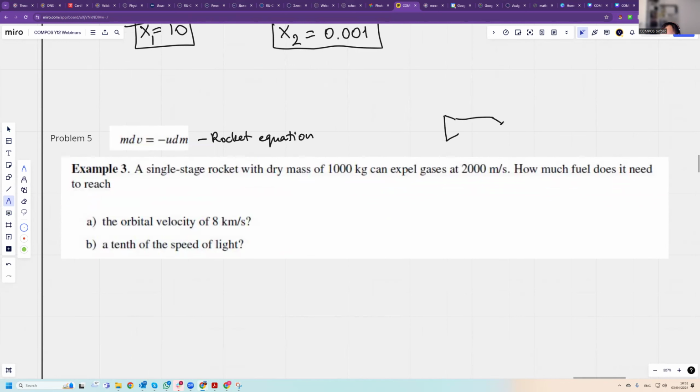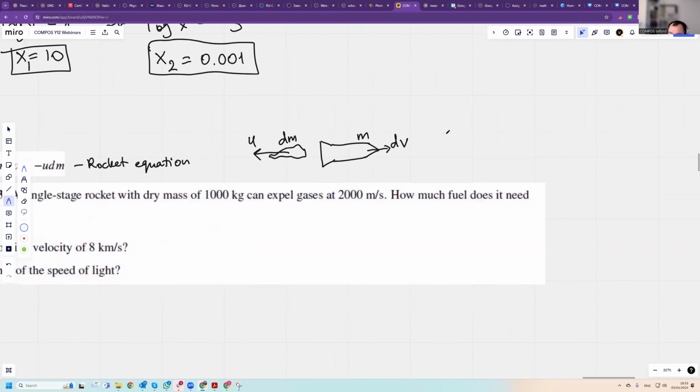You have a rocket of mass m in deep space, so there's no gravity or any external forces, and it expels some gas of mass dm with velocity u. u is the velocity of the gas, and that causes a small change in the speed of the rocket, dv.